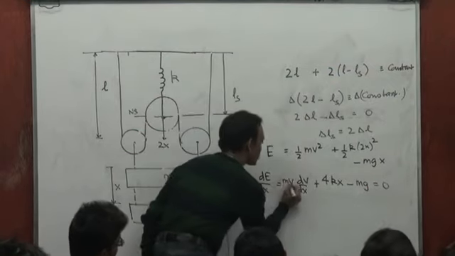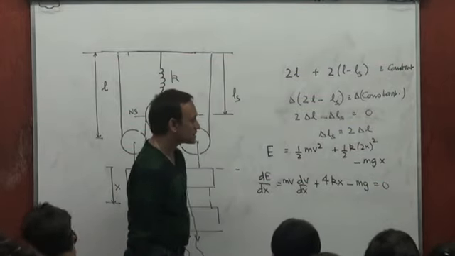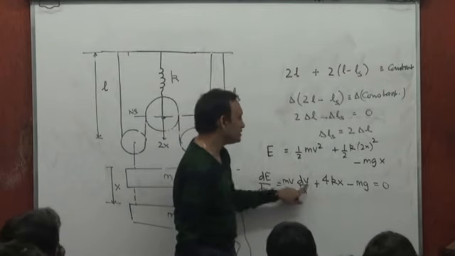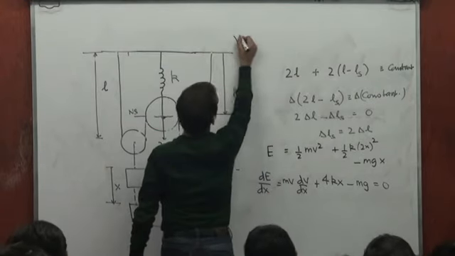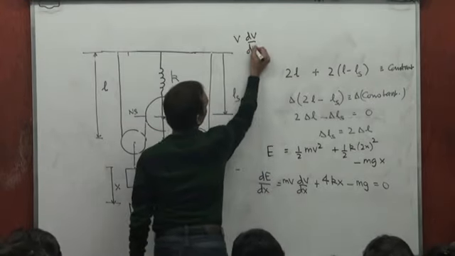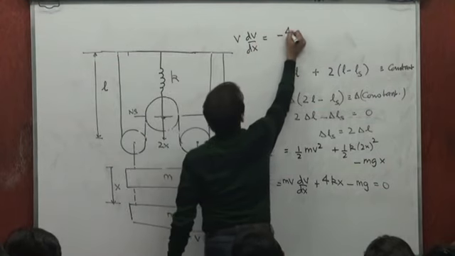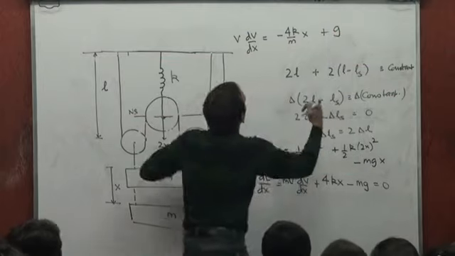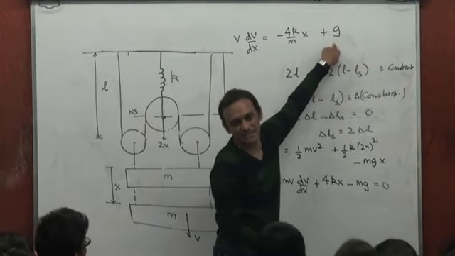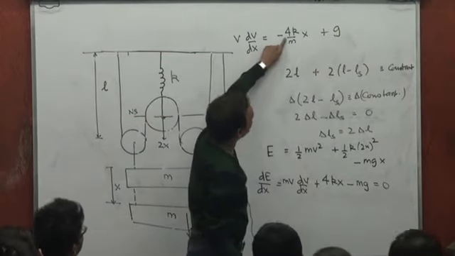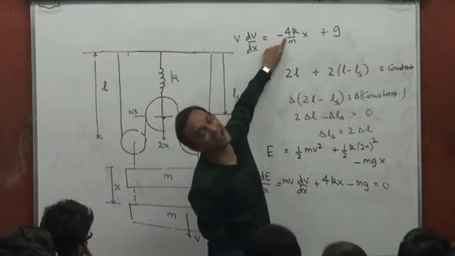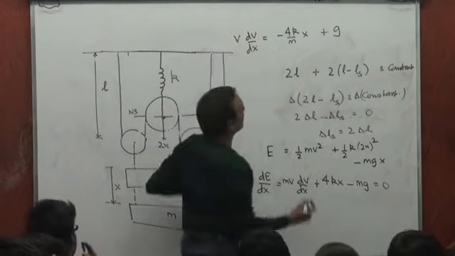So v dv/dx then turns out to be minus 4k by m into x plus g. So the equilibrium position can be obtained by plugging in this equal to 0. The omega squared for the oscillation is 4k by m. So the omega is going to be root 4k by m for this oscillator.